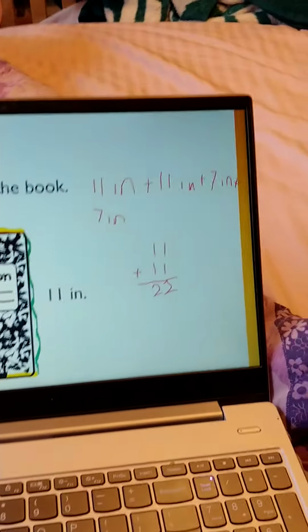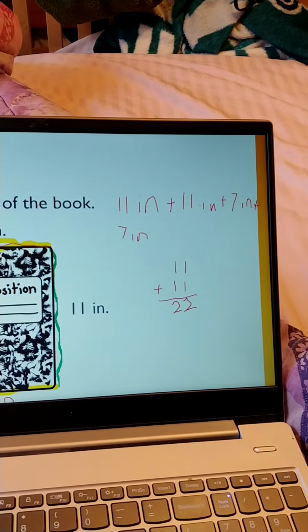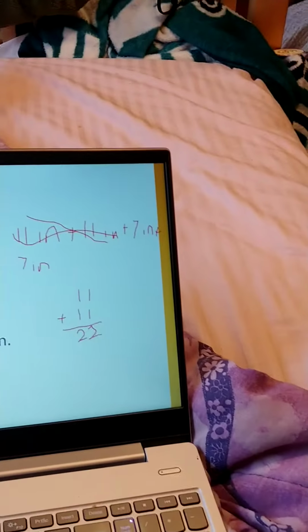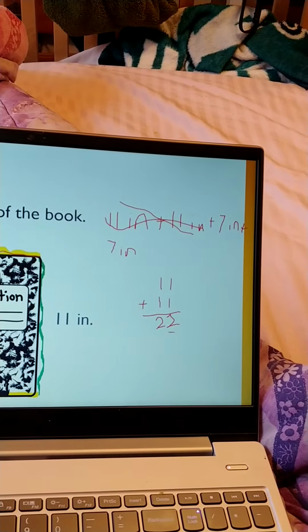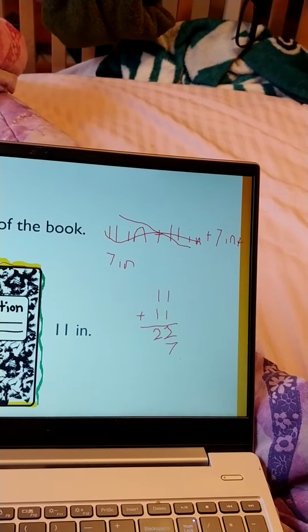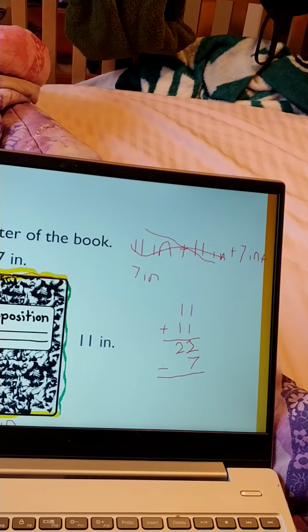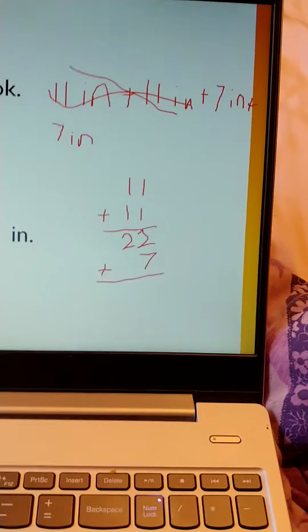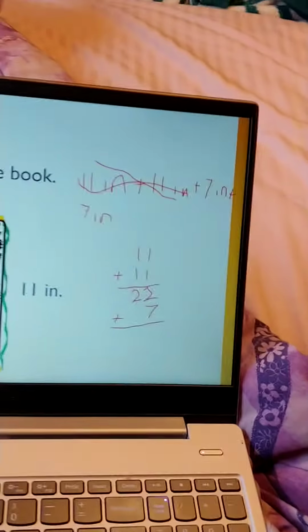So far we have 22. We already did 11 plus 11. Now we're going to add 7 to that. So we're going to add the first 7.